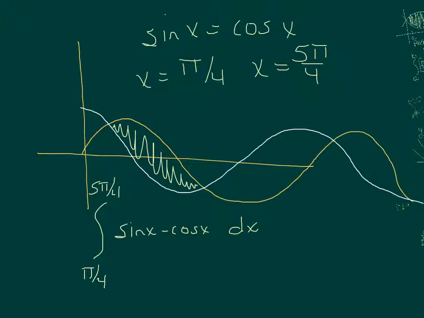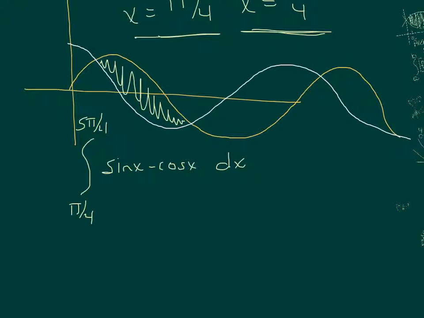The sine of x and the cosine of x are both positive in the first quadrant, and they're both negative in the third quadrant. So that sets up our limits of integration. Even though they don't look like it, all of these regions have the same area. In this particular region, the sine of x is above the cosine of x.